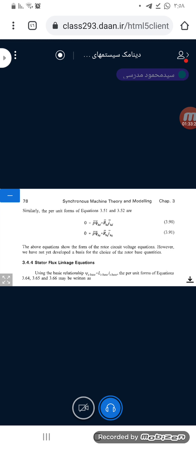Similarly, because the voltage of the damping winding is 0, we have per unit forms of equations 3.51 and 3.52 in this form.